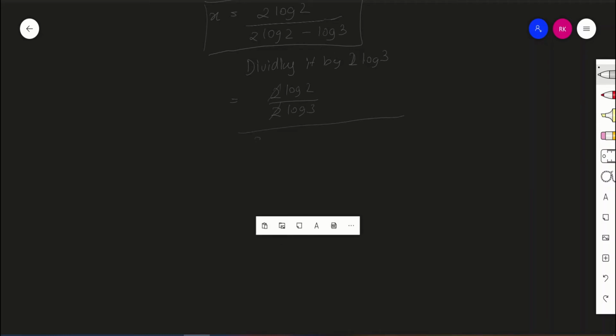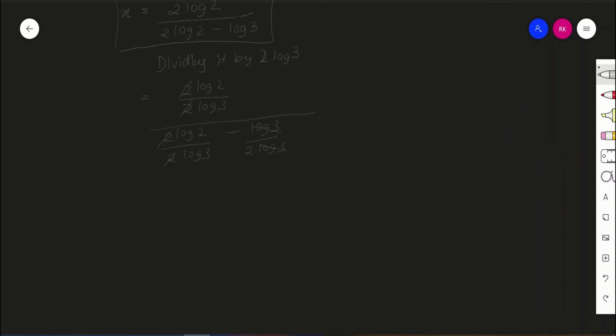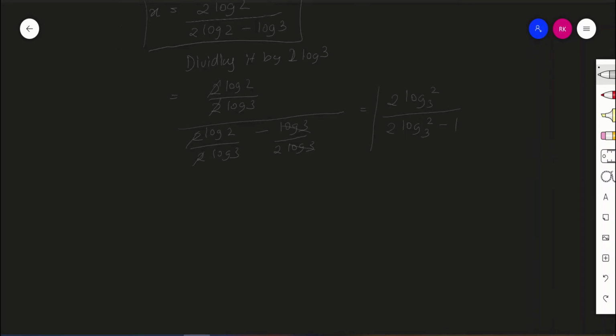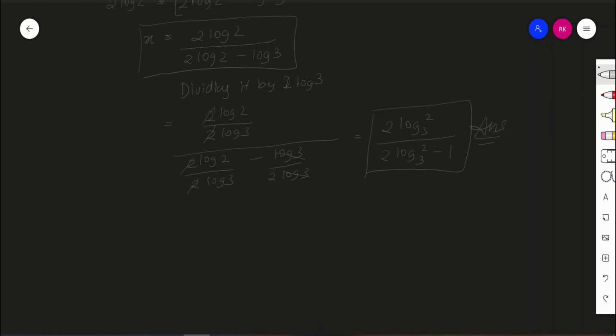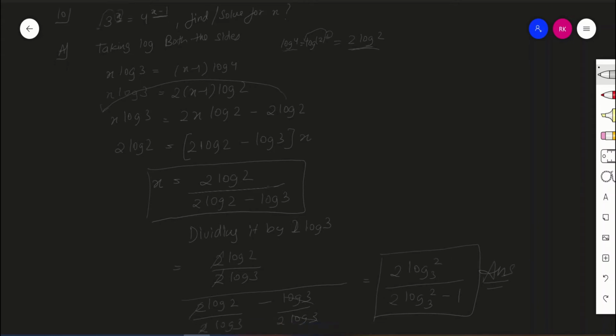This is going to cancel with this, this will cancel with this. So my final answer is going to be 2 log 2 base 3 upon 2 log 2 base 3 minus 1. So that's my answer for the 10th question.